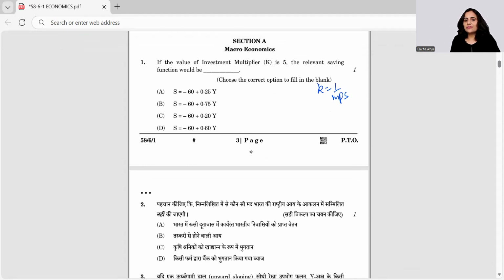So the value of investment multiplier is 5, it means MPS becomes 1 by 5, that's equal to 0.2. So what would be the saving function with the value 0.2? Just check. We are very much clear. Rest minus 60 is there everywhere. So it's 0.2. Answer is C.